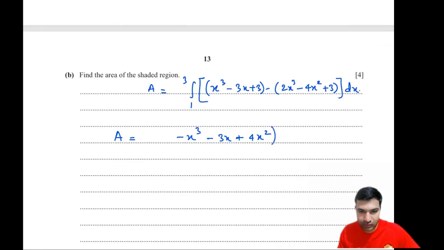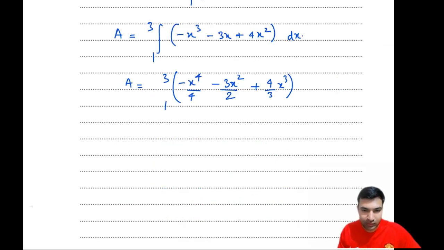So this is the expression for the area, from 1 to 3 dx. Now I need to integrate this. So I'll get negative x to the 4 over 4, negative 3x squared over 2, plus positive 4 over 3 x to the power 3, under the limits 1 to 3.